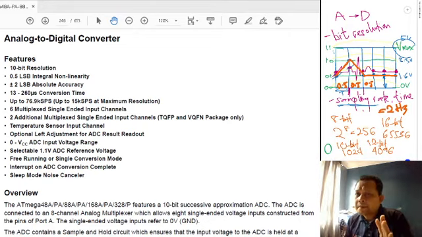So this means that the more levels you have, the higher the bit resolution you have, and you have a more accurate conversion of voltage to digital values.